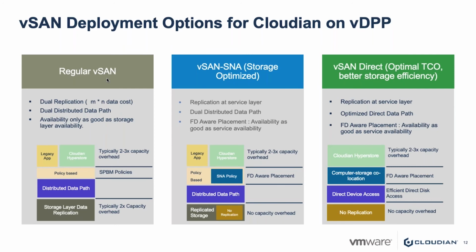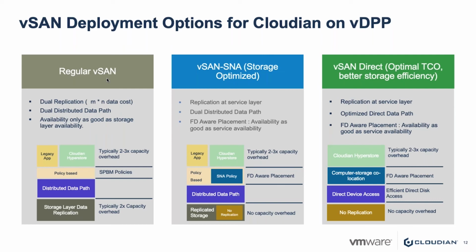Right. So this is a slide basically where we go about the different deployment options for Cloudian on the data persistence platform, right? So vSAN is a storage platform that offers native replication and availability for data. Typically, what applications do when they deploy on vSAN is they turn on the availability options within vSAN, wherein you can specify what kind of availability you want for the applications, right?